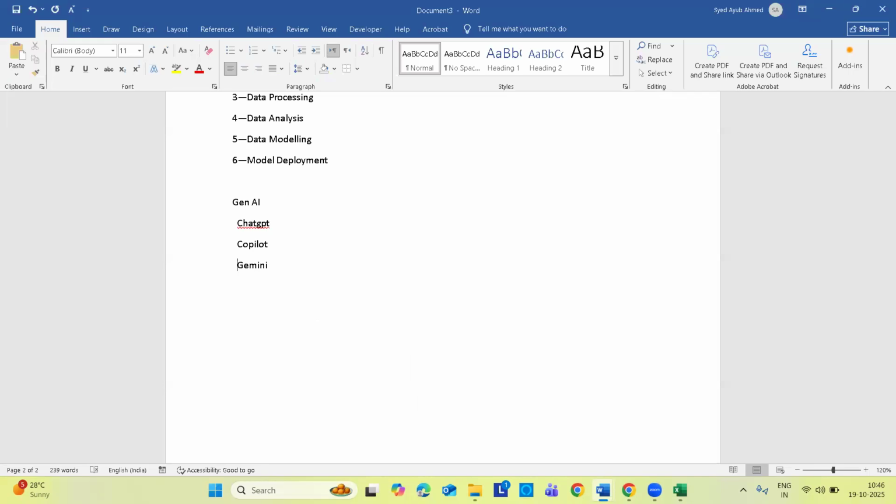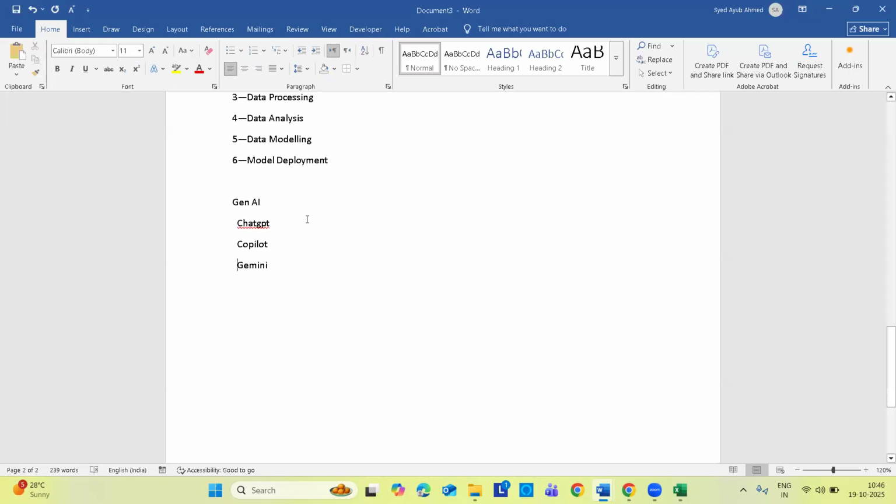Copilot is an AI-powered assistant or chatbot developed by Microsoft. Gemini is for Google. And ChatGPT, which company? Can you tell? OpenAI, right?